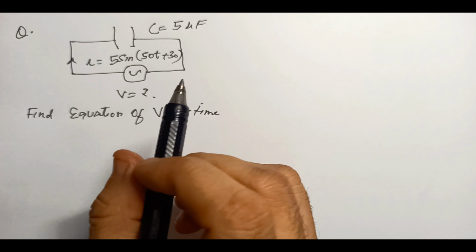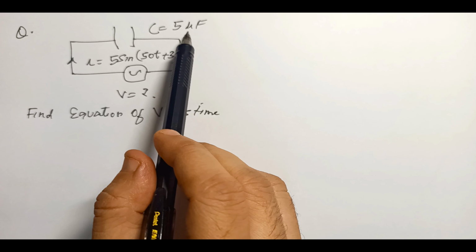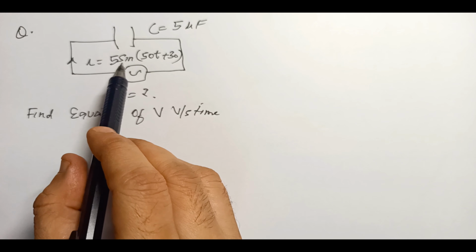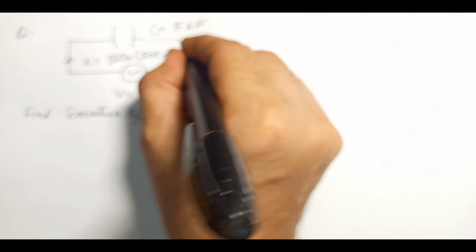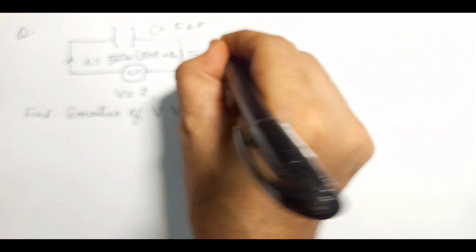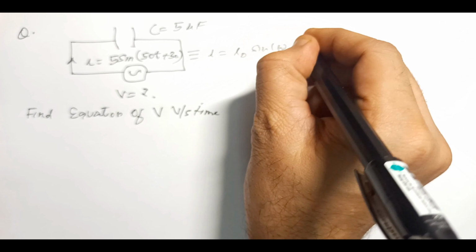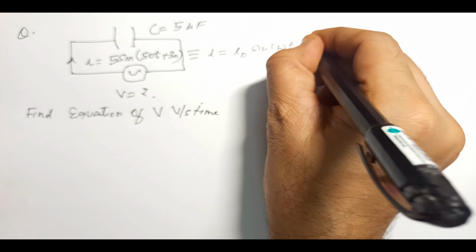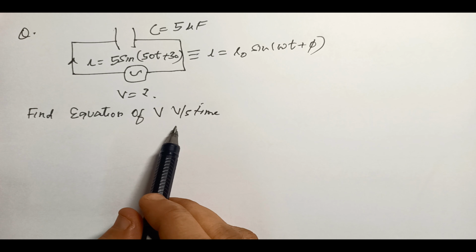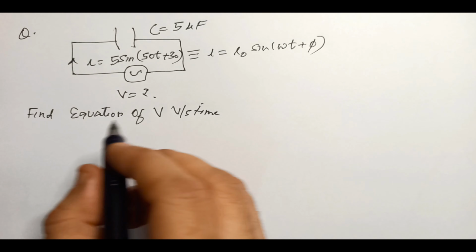Now let's attempt one more question, and in this the circuit is given, they have given the capacitor, they have given the current. Now current, the normal equation in this course usually is I is equal to I naught sine omega t plus phi. And we have to find the equation of voltage versus time. Very simple, let's start with this.